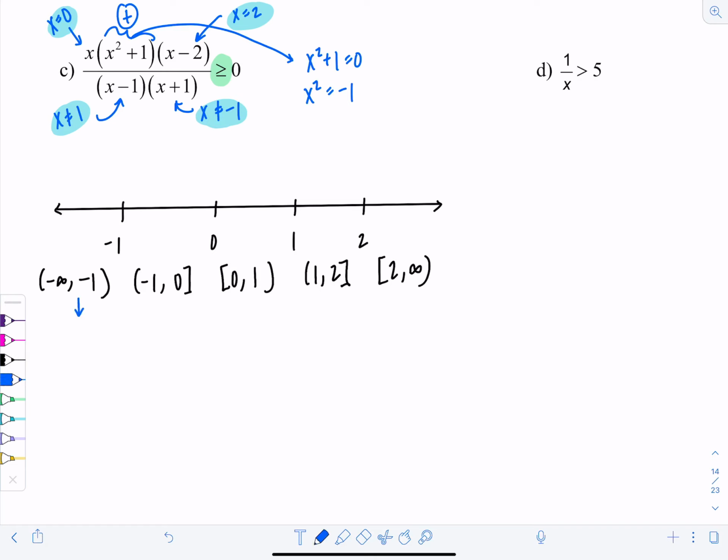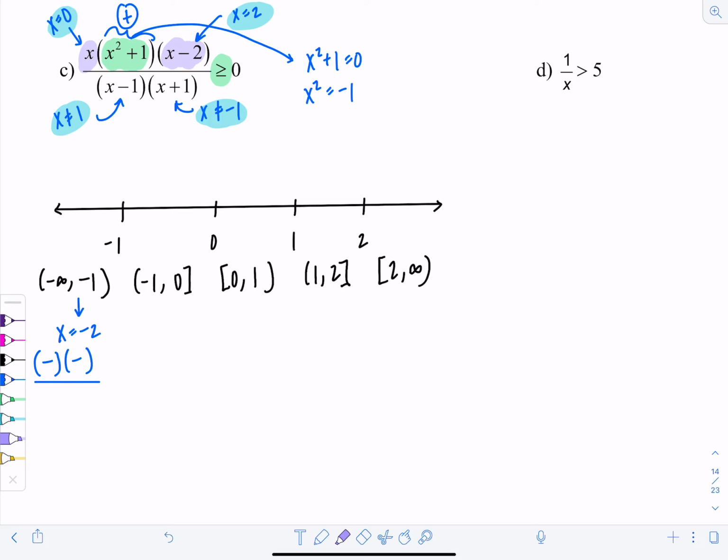So from negative infinity to negative 1, let's test with negative 2. If I plug in negative 2 for x, that's going to be negative. I'm just going to skip x squared plus 1 entirely. Anything I plug in there is positive, so it won't make any sort of difference. Negative 2 minus 2, that's also negative.